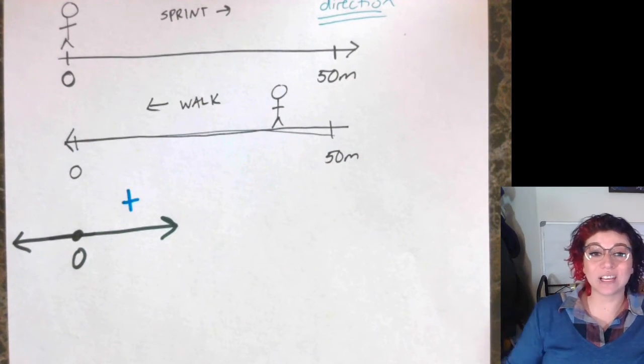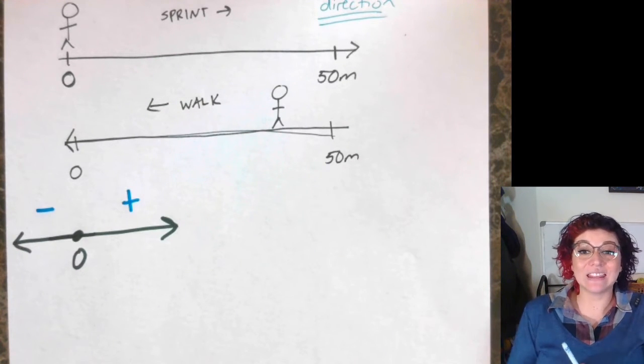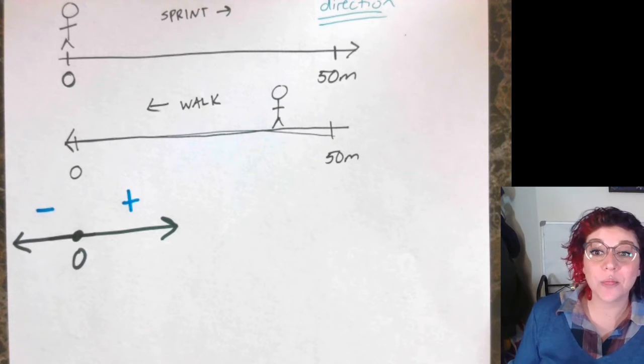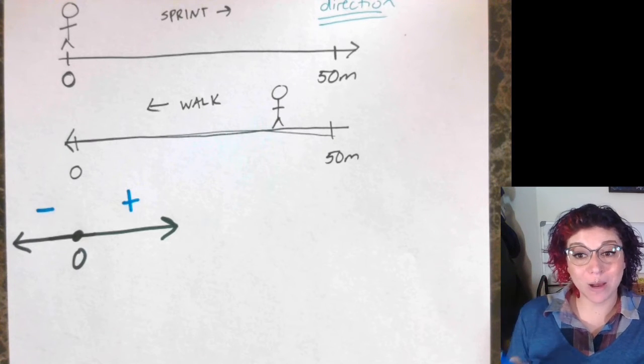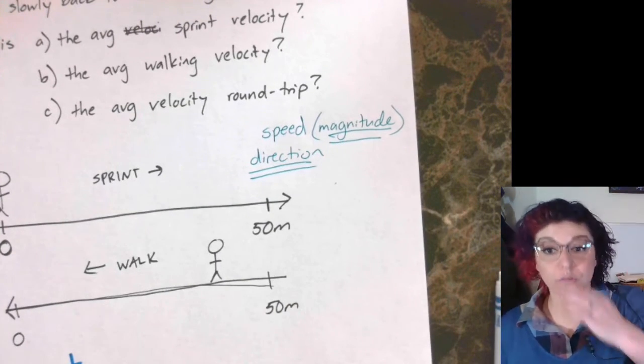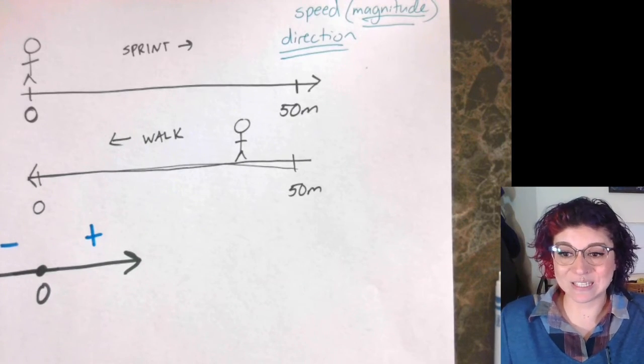But if I'm walking to the left, I'm going to say it's negative. And again, this positive and negative is how we tell the directionality. The positive or negative magnitude of the speed tells us its direction. So let's work through this example.